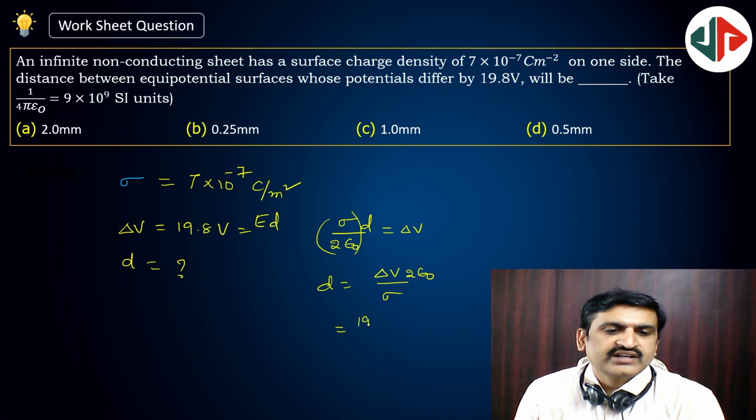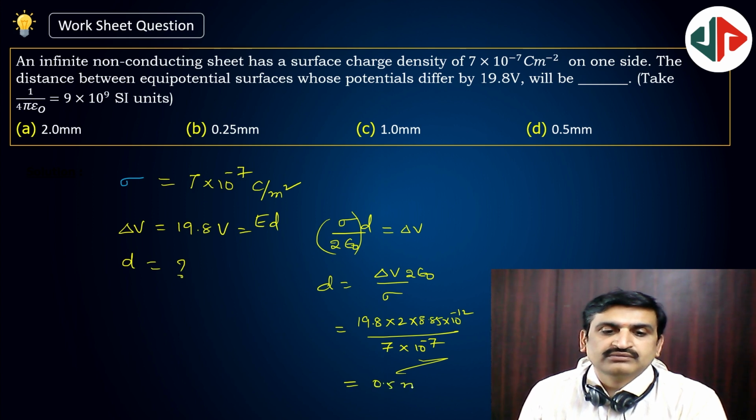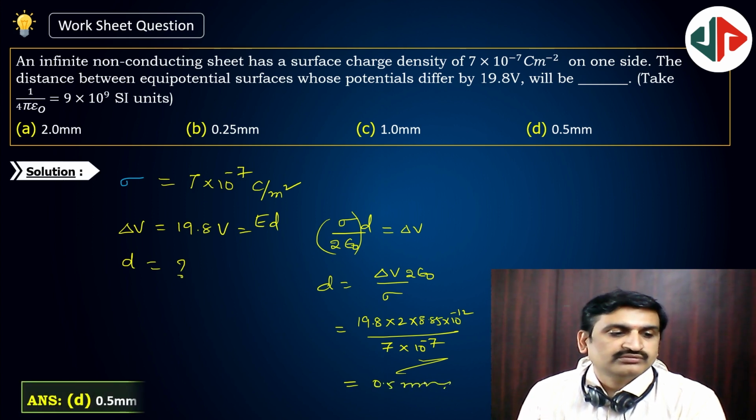Delta V is 19.8 into 2 into epsilon naught, 8.85 into 10 to the power of minus 12 by sigma 7 into 10 to the power of minus 7. Its simplification hardly 0.5 mm.